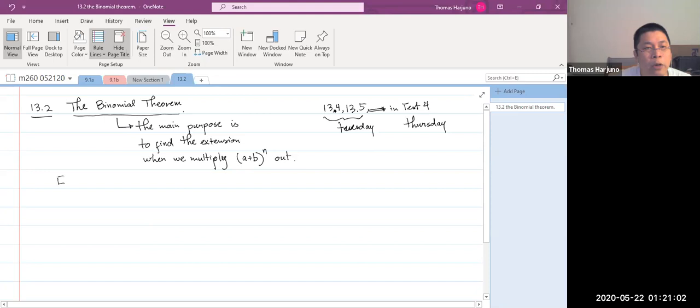For example, we already know that a plus b squared is a squared plus 2ab plus b squared. And how about a plus b to the 1?